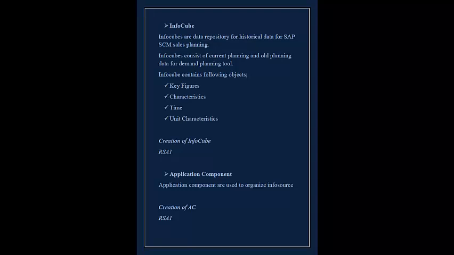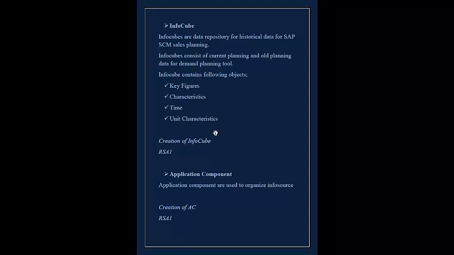Data in the info cube is saved based on star schema properties. The key figures are saved in fact tables, and characteristics are grouped into dimensions, and they are saved under the dimension table. The dimension key is connected between the fact table and dimension table. The info cube is a multi-dimensional structure.